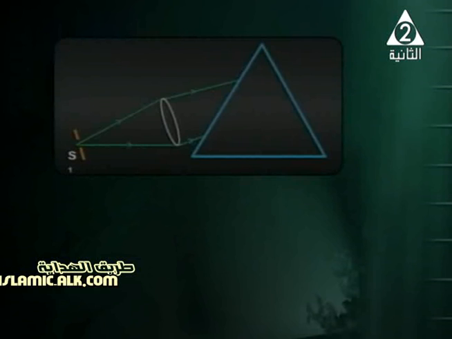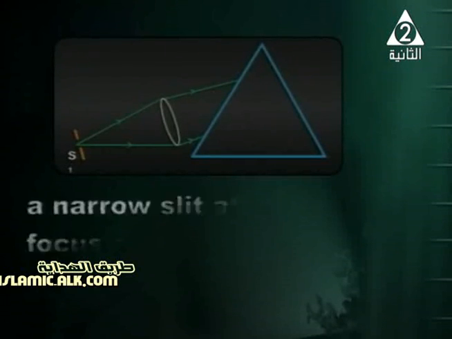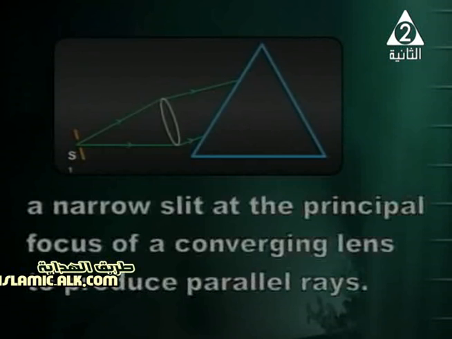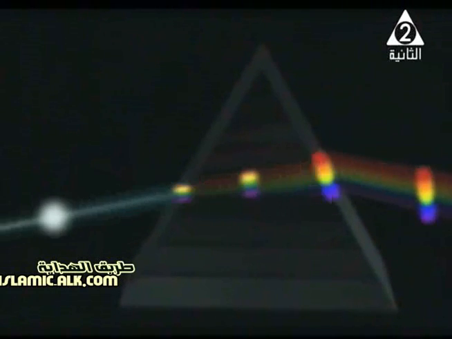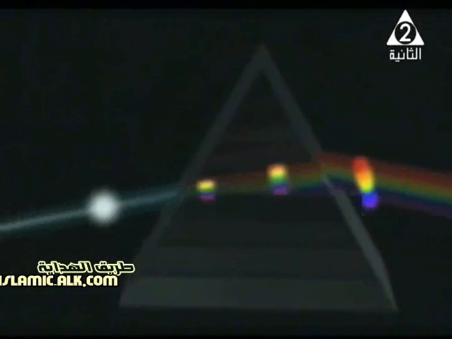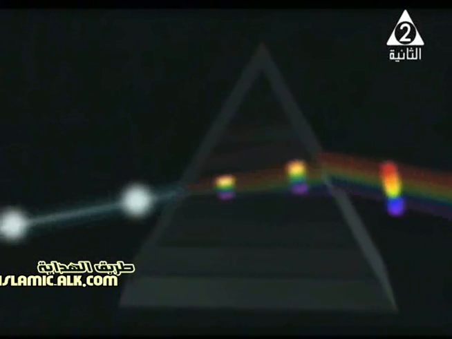And what about the second? But first, let me say it. We've got a narrow slit at the principal focus of a converging lens to produce parallel light rays. Then we should have a prism set in the position of minimum deviation.